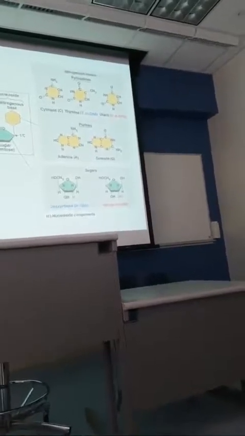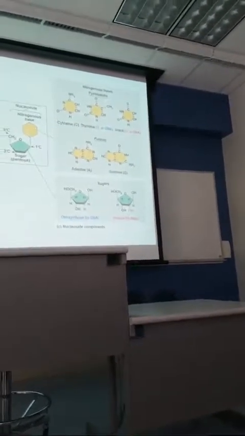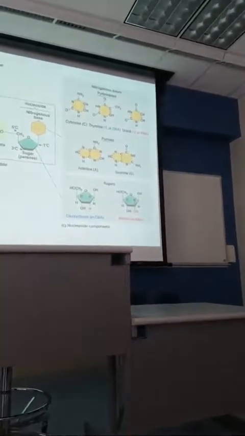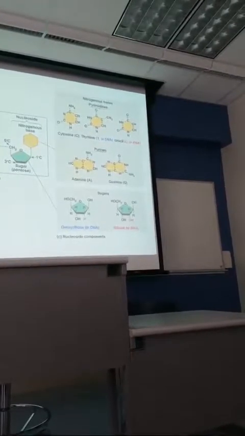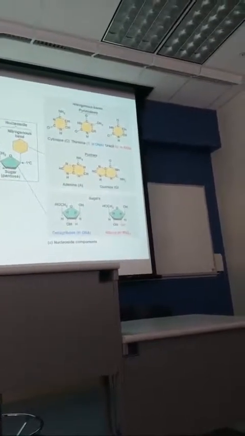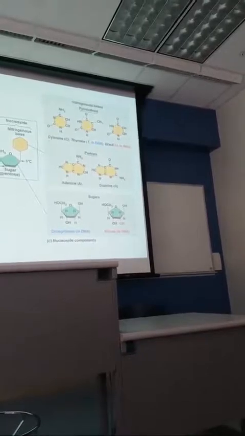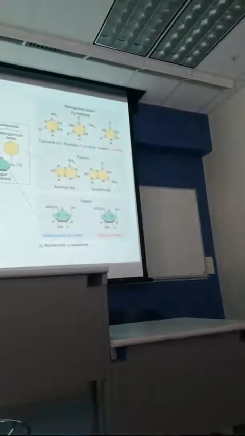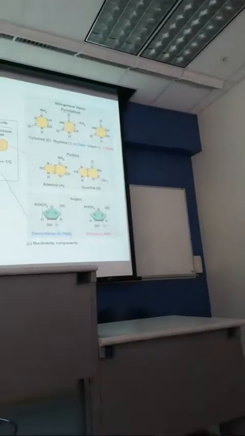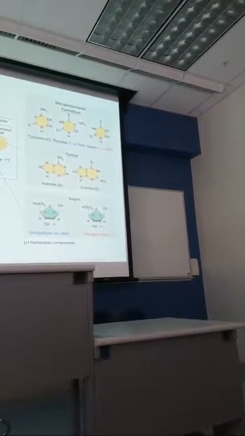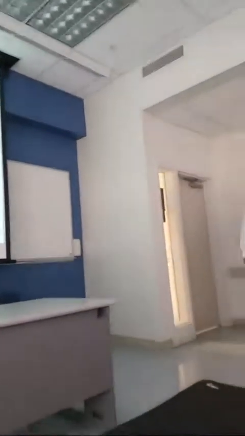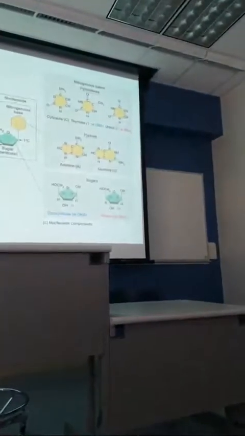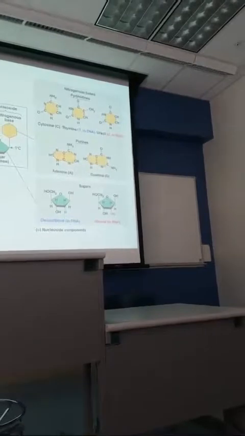Those are called pyrimidine bases. The key to a pyrimidine is that it only has one carbon ring, like that. The opposite of a pyrimidine is a purine. They have two carbon rings.